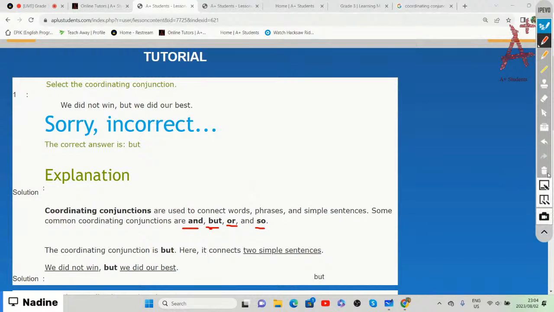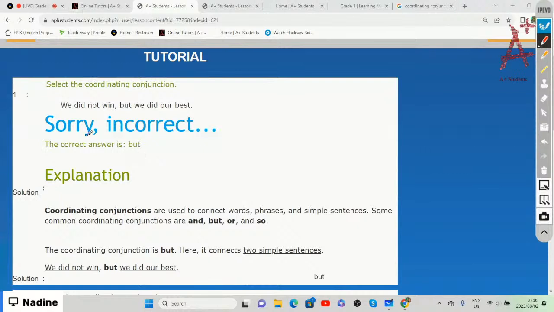So if we now go to, let's say, our first sentence, where we are going to select the coordinating conjunction within the sentence, it's more like example questions. It says, we did not win, but we did our best, right? So this is our very first sentence, and they want us to select the coordinating conjunction within the sentence. And remember, we said that the most common coordinating conjunctions are and, but, or, and so, right?